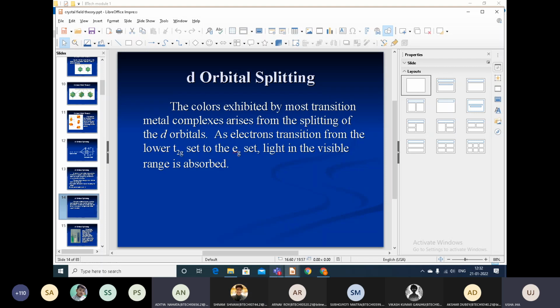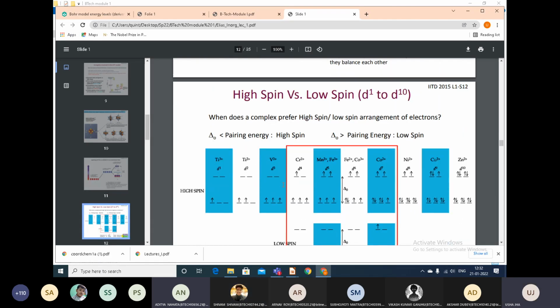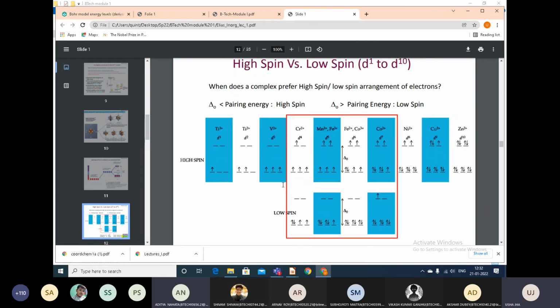Color we will see later. Before that, let us look at the crystal field stabilization energy. And then you have what are termed high spin and low spin complexes. By high spin complexes, we mean a greater number of unpaired electrons, meaning magnetic in character.